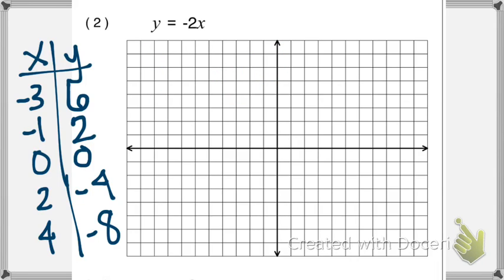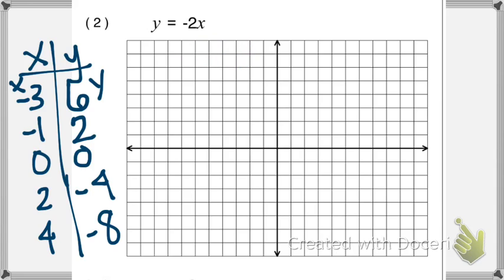So now I need to plot my solutions, right? These are all solutions, right? Because if I try the first one, if I plug in negative 3 for x, y is 6, well, it is equal on both sides, which means it is a solution.